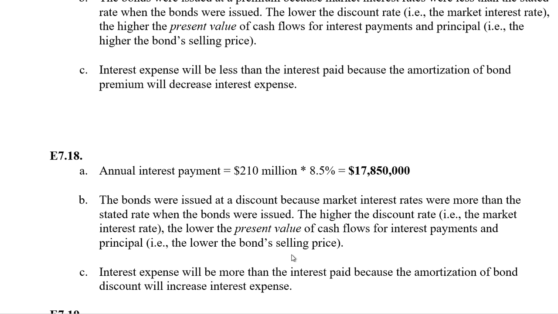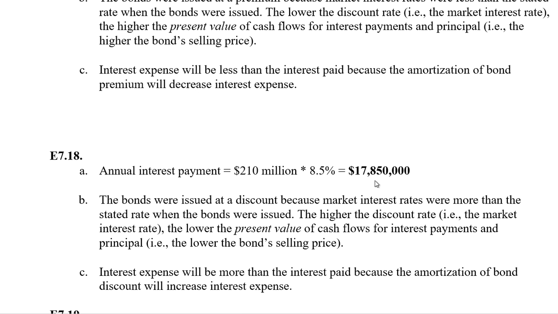Well, guys, that's the annuity. So all you're doing is taking the stated rate and multiplying it times the face of the bond, and you're getting 17,850, right? So what is that? 17,850,000.